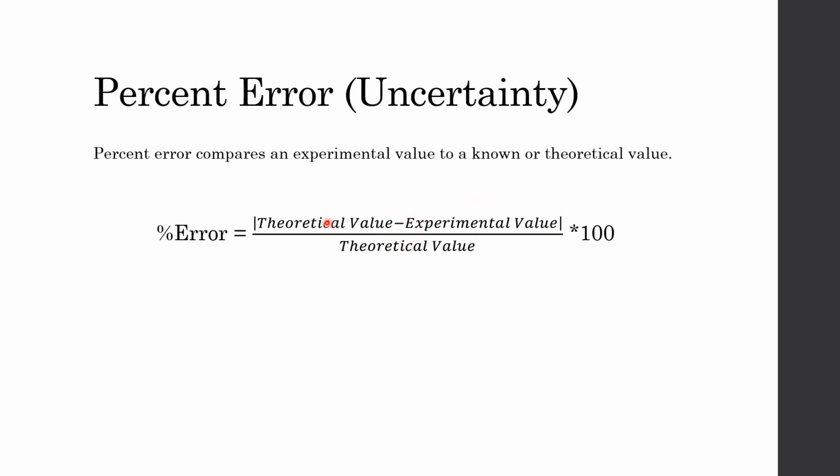The way you calculate it is you take the absolute value of your theoretical value minus your experimental value, you divide by the theoretical value, then multiply by 100. And you can see by looking at this that this essentially tells you how close you were to that theoretical value. And that's exactly the purpose of percent error or percent uncertainty.